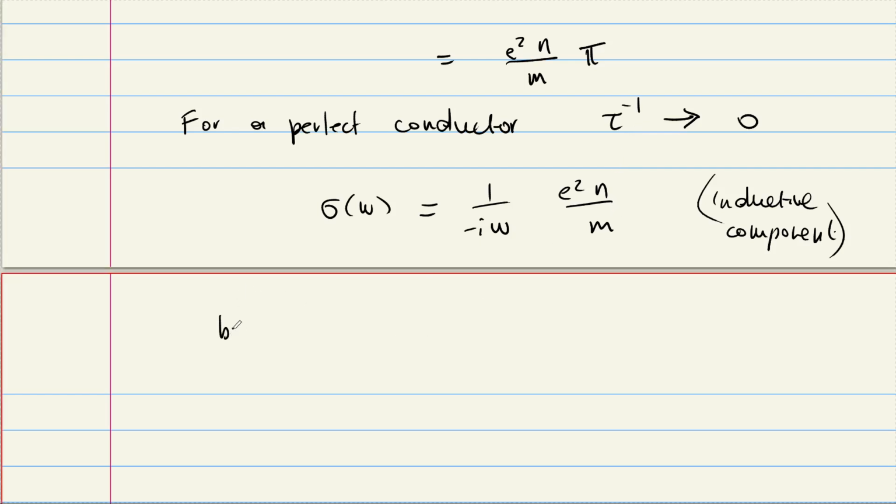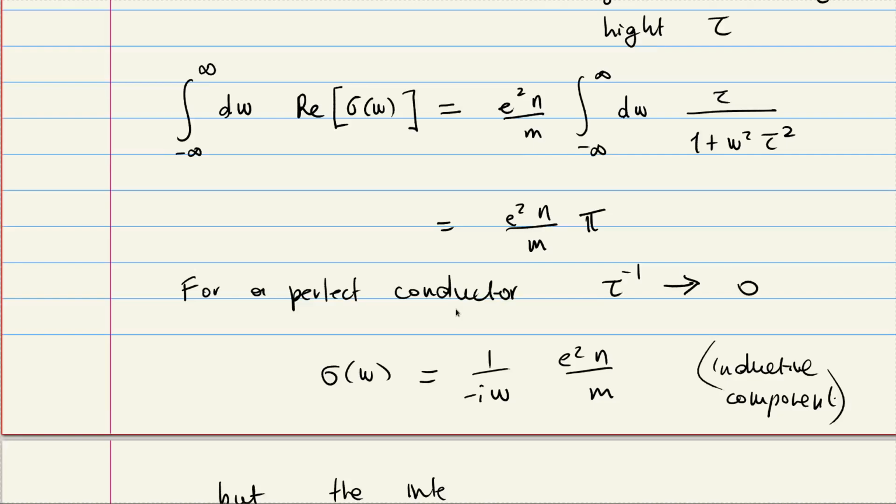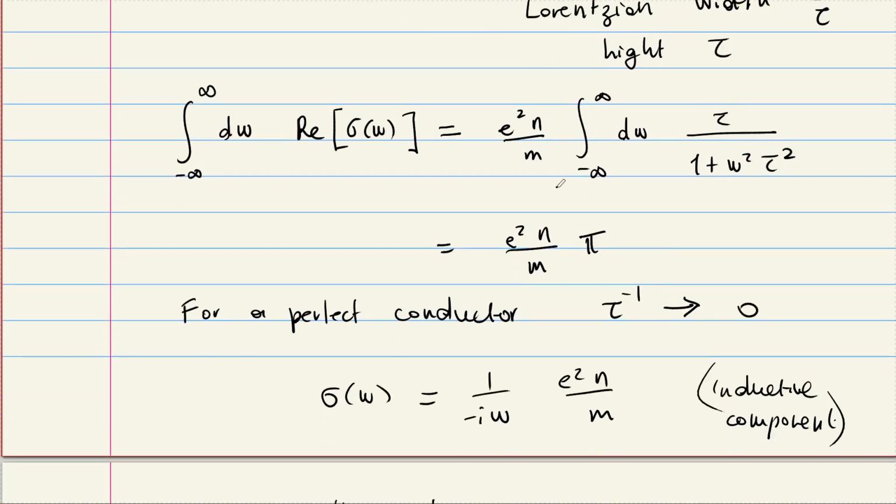But the integral, as you can see, we integrated this thing and there is no tau, and in that limit this thing needs to be conserved. That's why we sometimes call this a sum rule.